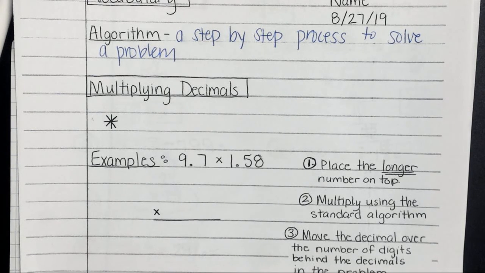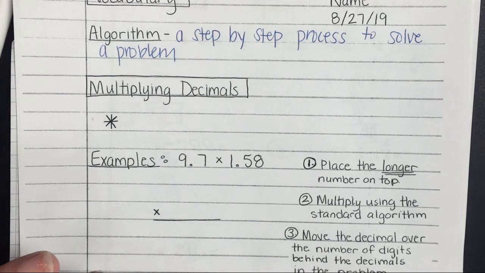You put the longer number on top. Yeah, with multiplying, absolutely. I think it'd be smart to put the larger number on top, or the longer number. What else? You don't add a zero at the end. Okay, absolutely. We don't have to fill in any zeros. But because of that, there's one other thing. What did we have to do yesterday? Bring down the decimal. Well, we had to bring down the decimal, so we're not going to do that today.